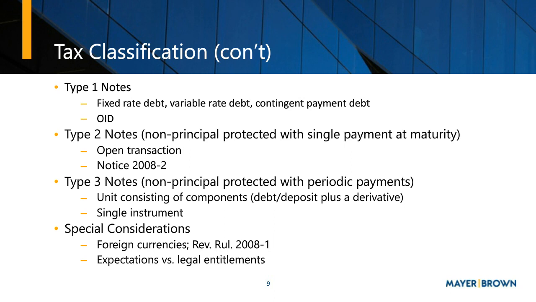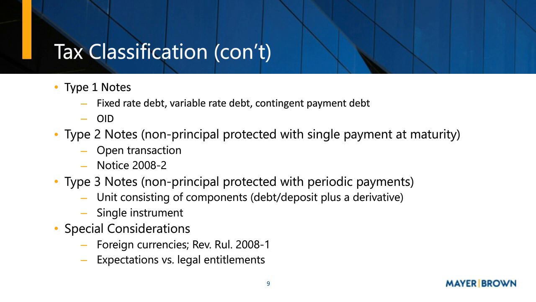And then at the bottom of the slide, expectations versus legal entitlements. So the question becomes, when is something principal protected or not principal protected? Now, if there's a legal floor, let's say a 90% legal floor or 100% legal floor on the return of an instrument, obviously subject to credit risk, we would treat that as a Type 1 note.